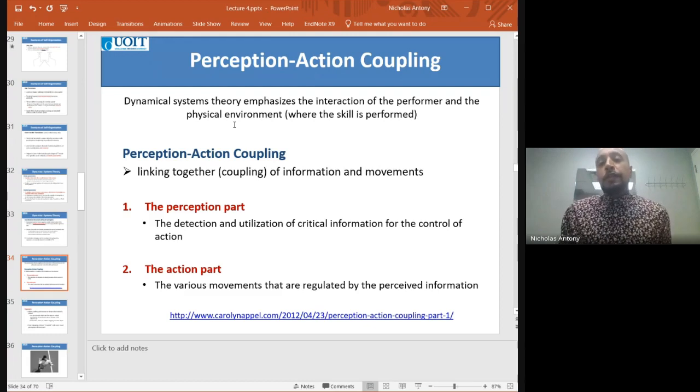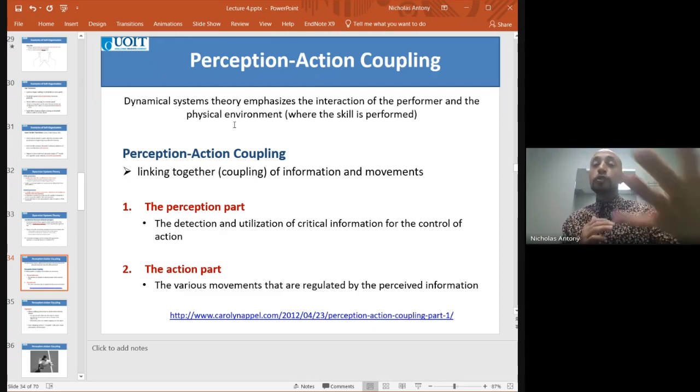So the other thing they talked about with the dynamical systems-based theory was this whole idea of perception-action coupling. Remember how we can pattern our movements to the individual situation or the things happening in the environment? This theory really put emphasis on how we utilize sensory information and integrate it into our movement patterns.